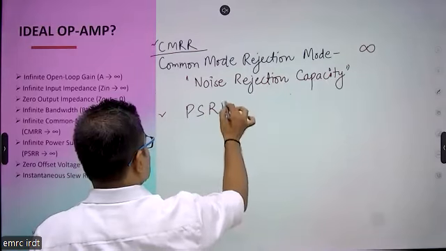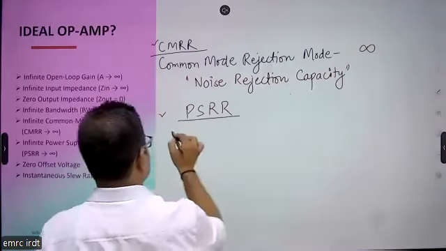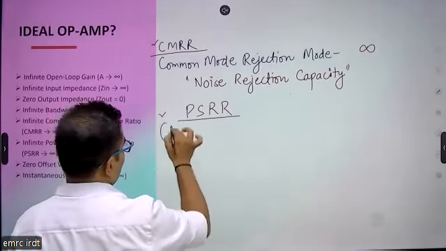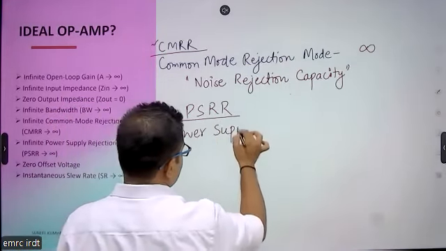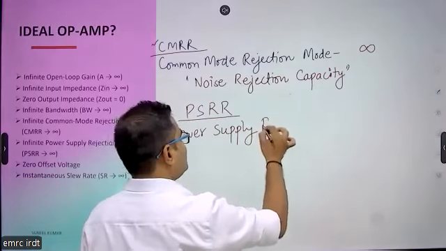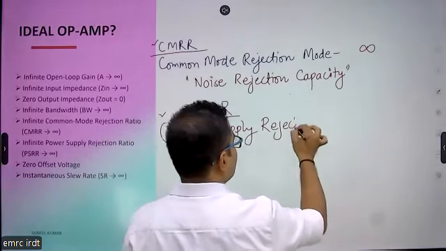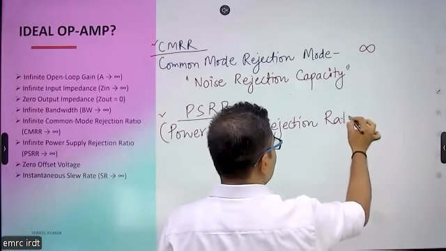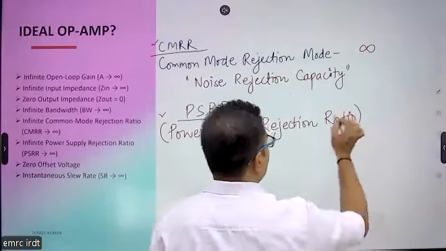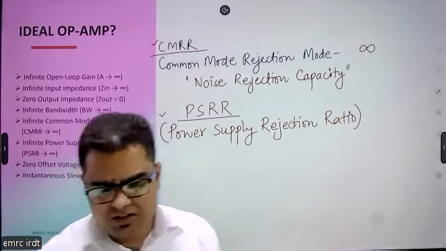Then again we have PSRR. This is known as power supply rejection ratio. This is a very important term to understand because we are providing an external DC supply.